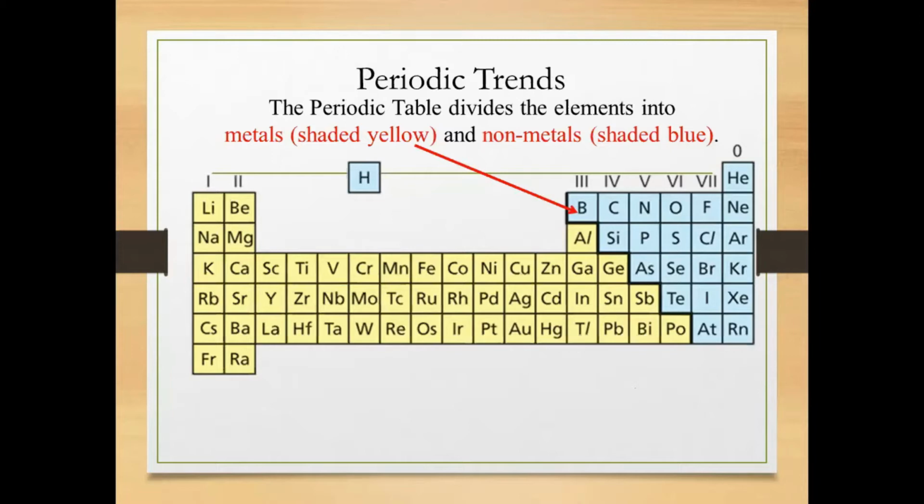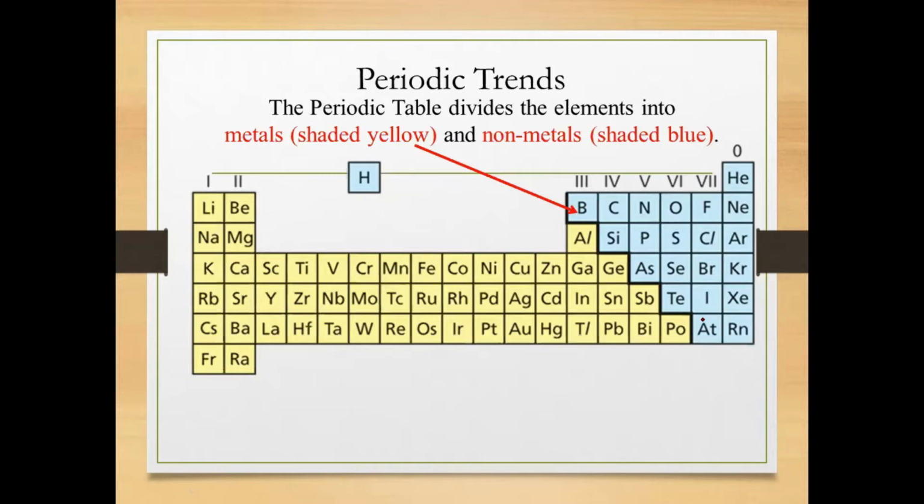Then you can see over here that the yellow part on the left hand side is made up of metals. I have already told you in the previous class that 75% of the periodic table is based on metals. The blue part of the periodic table, on the right hand side, is of non-metals.